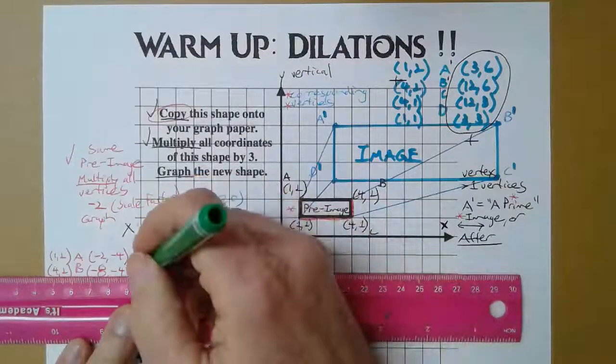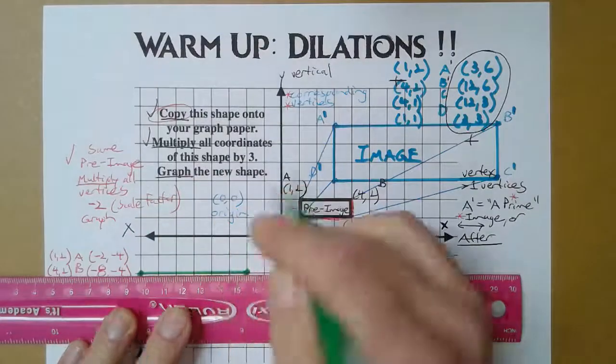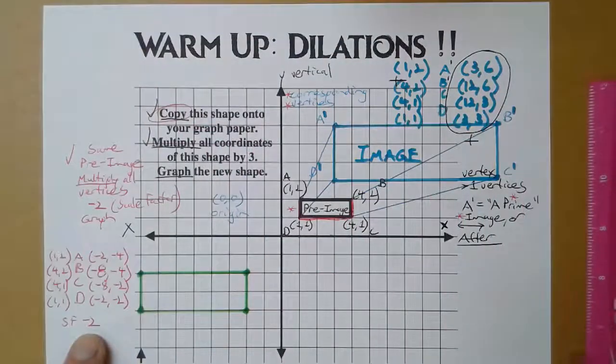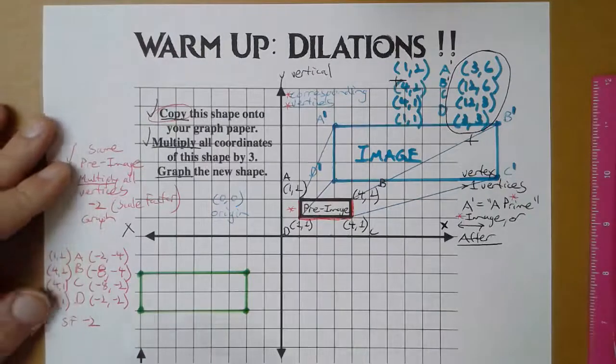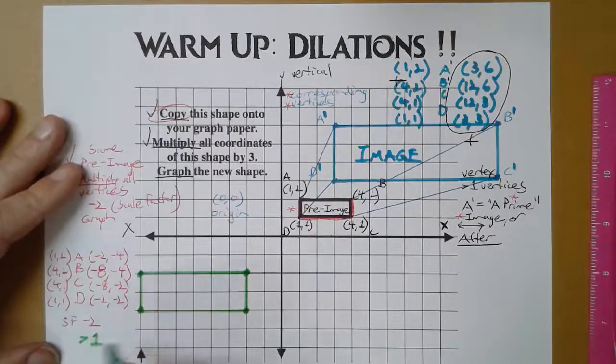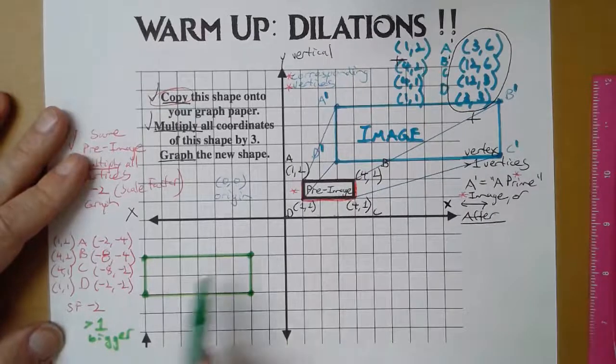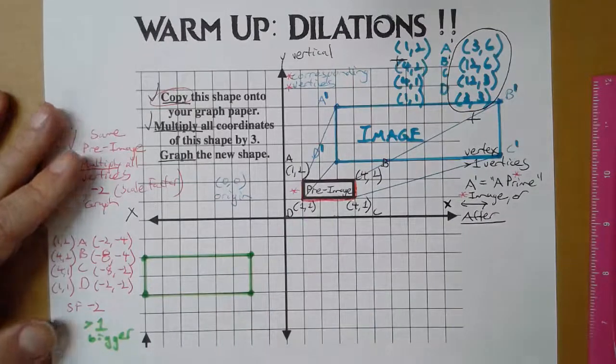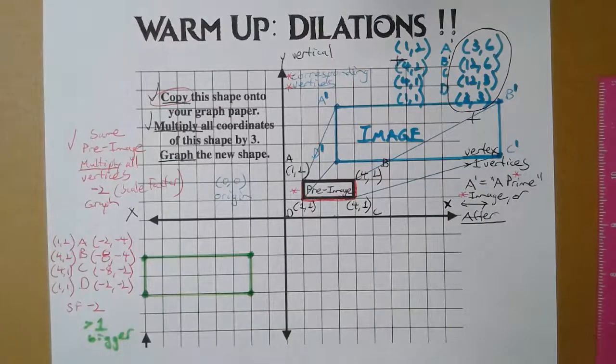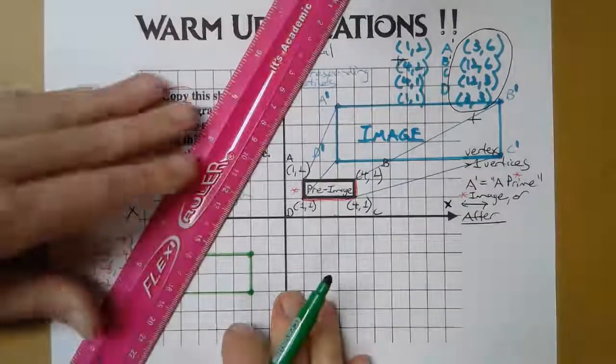And now let's see what happens when we have a negative scale factor greater than 1. The shape got bigger. So it's an enlargement, and it's in an opposite quadrant. I'm going to go ahead and draw some connecting lines.